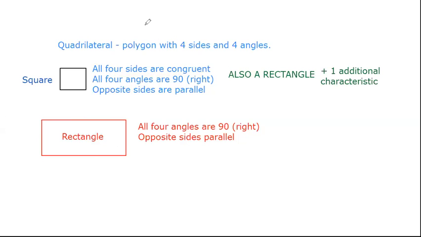Then we have another shape that's kind of like a square. It looks like a square that's been pushed over, and it is called a rhombus. And a rhombus kind of looks like this, like a diamond.